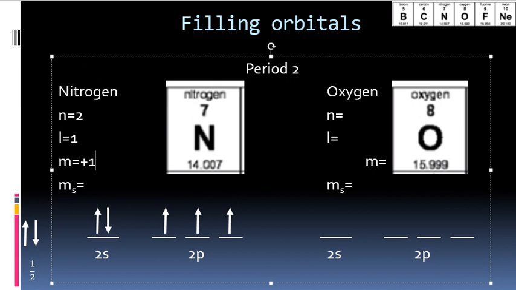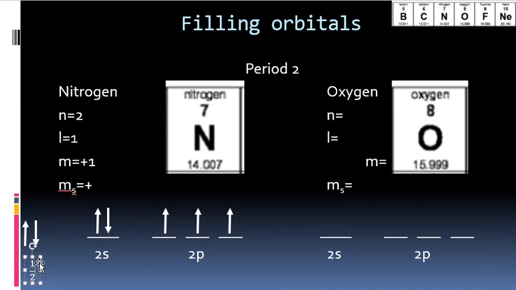Since M can range from negative L to positive L, the first subshell of 2p would be negative 1, then 0, and now we're at positive 1. And our final electron is still pointed upwards, so it will in fact have a positive 1/2 spin. Now, going on to something like oxygen.